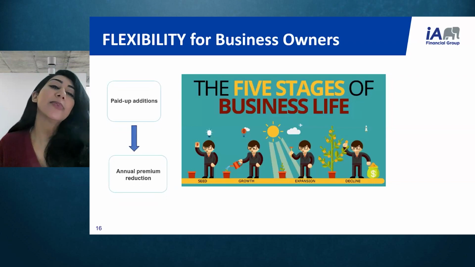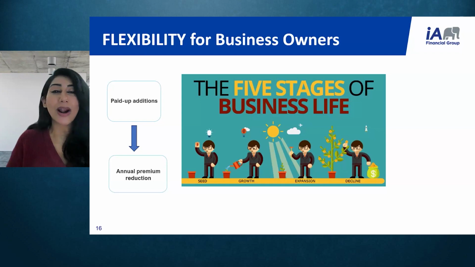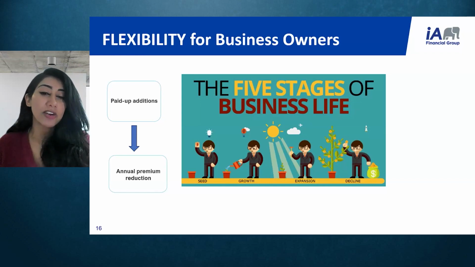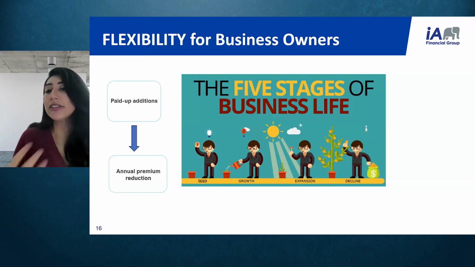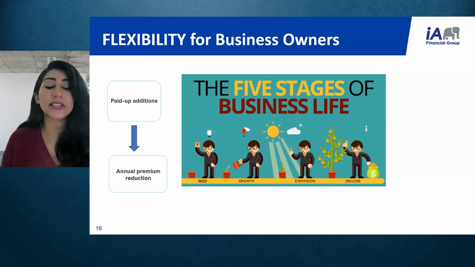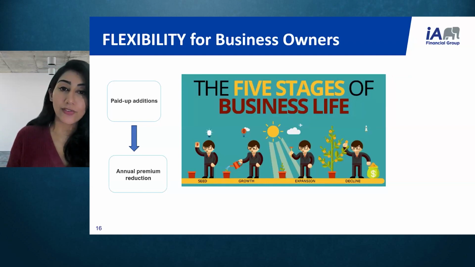With the flexibility of being able to change your policy dividend options every policy anniversary, it gives them a buffer around the whole life cycle of their business. If they're having a bad year, they can go from paid up additions to annual premium reduction and not lapse on their plan, not collapse the wealth planning or the estate planning that you as an advisor have put forward for them.